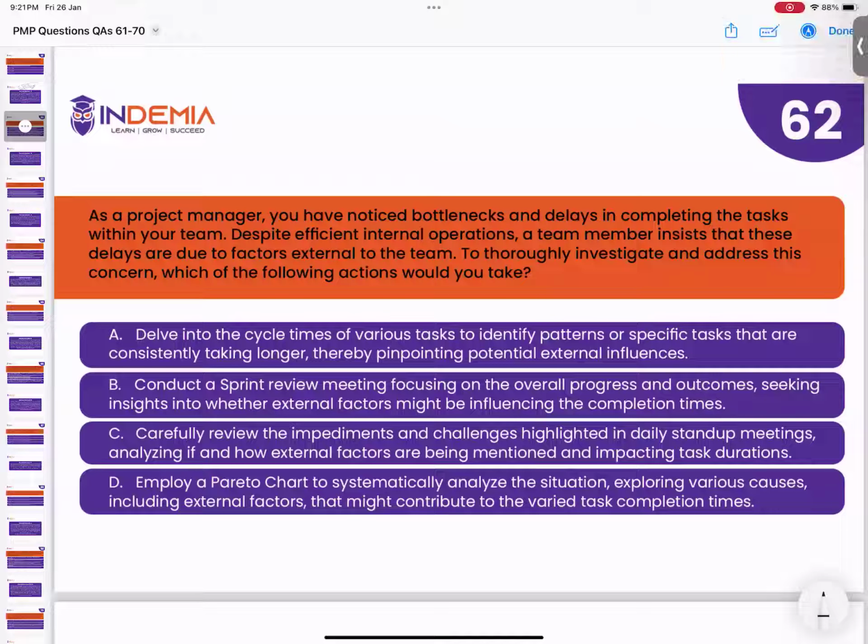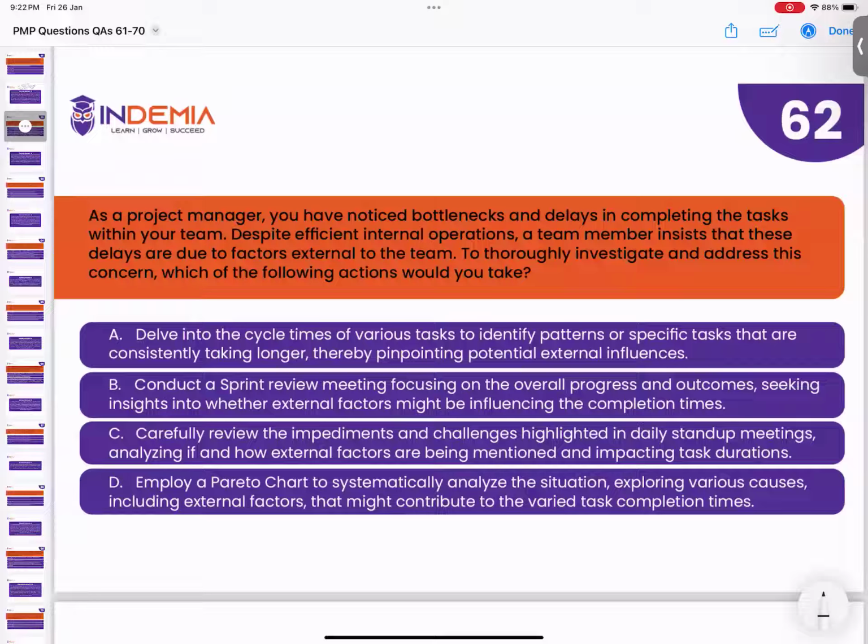Shankar? Yes. They mentioned there is a bottleneck situation and a delay in completing the task, but they also find that internal operations are efficient. The things we discuss in stand-up meetings are day-to-day, regular issues, but we don't allot separate time for this.